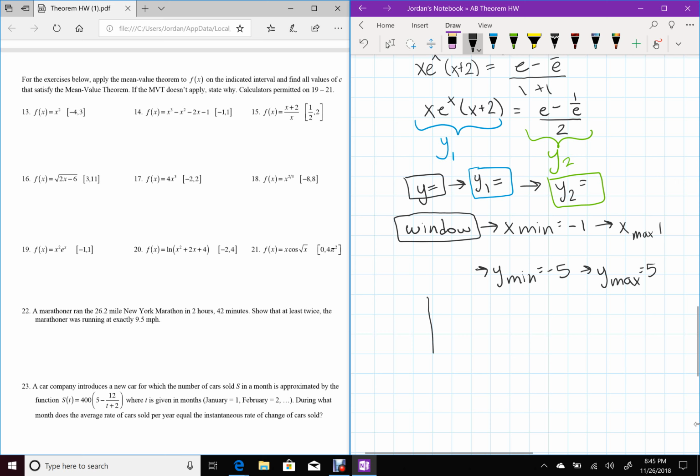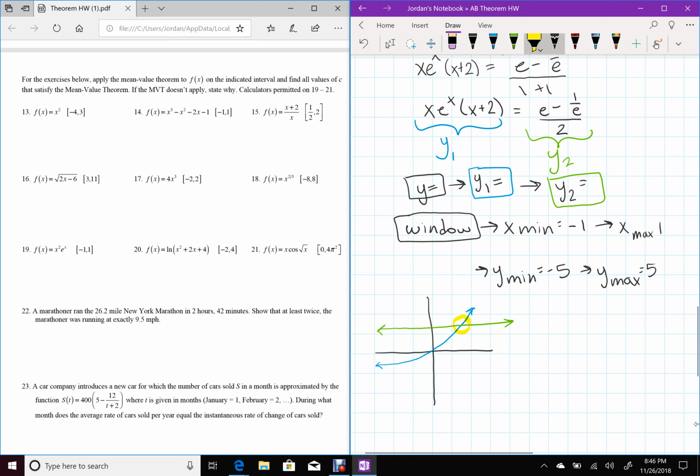Okay, and what you should see is something that looks similar to this. Now, I knew that the green was going to be a horizontal line, and what I'm interested in is this intersection.